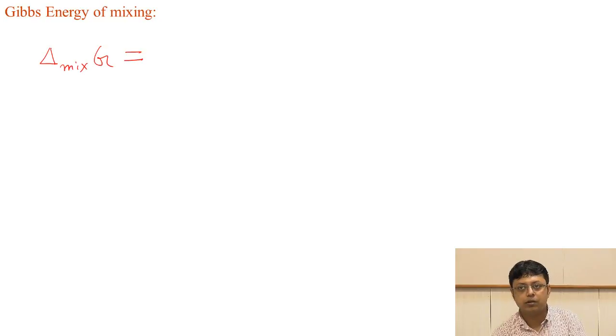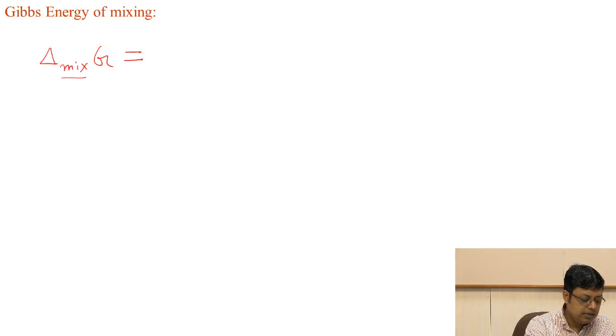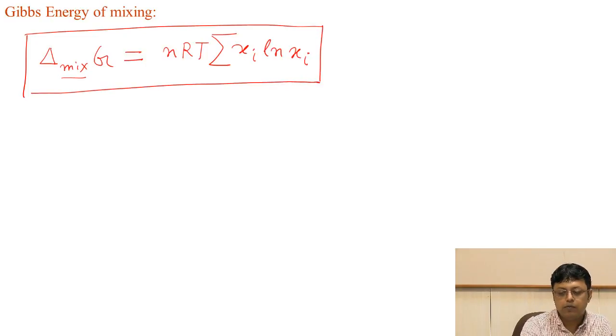Remember when we were talking about the transformation, for example for a fusion process, how the enthalpy is changing, we wrote it as delta fusion of H. In a similar way, the process we will write as a subscript for the delta, and that quantity is nothing but nRT sum over Xi ln Xi, where Xi is the mole fraction of component i.